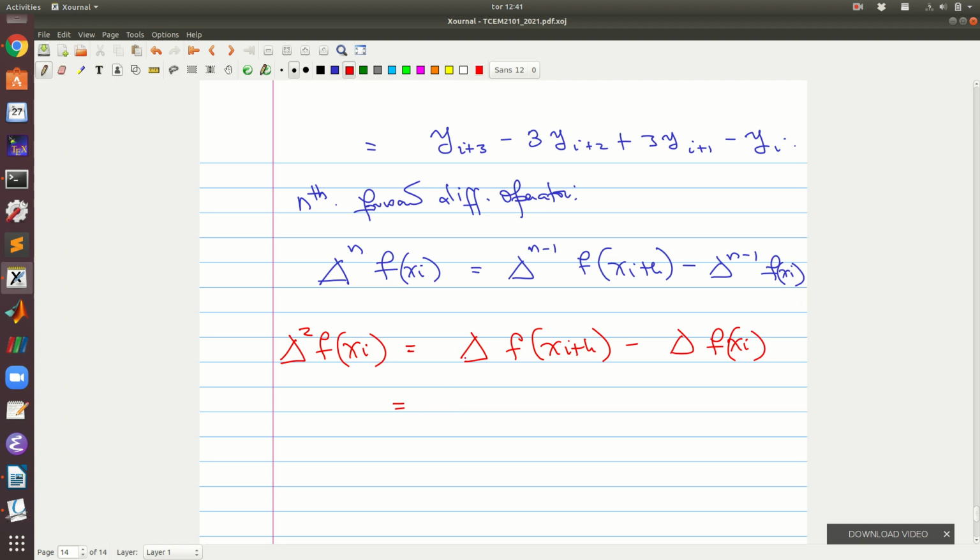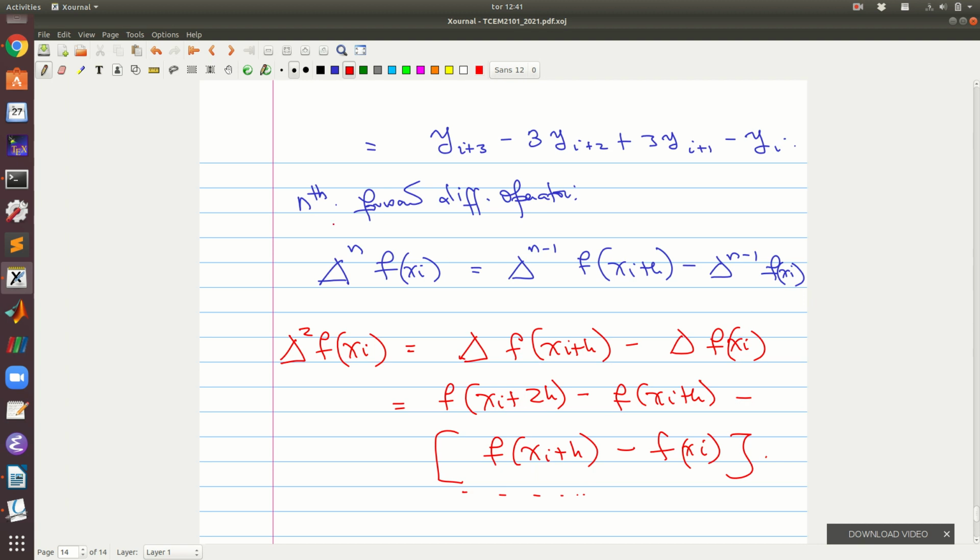The first forward difference at f of xi plus h is simply going to be f of xi plus h plus h, that is 2h, minus f of xi plus h, then minus this one here. So we see it's what you already have, xi, then minus f of xi, then it reduces to what we already have. So yeah, you can have this general formula which we derive. It can help you remember this.